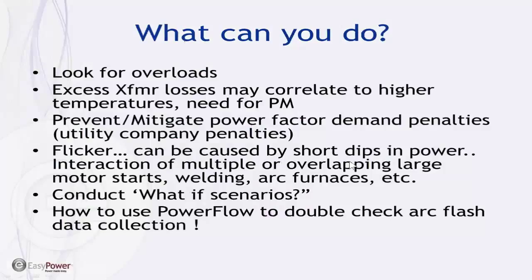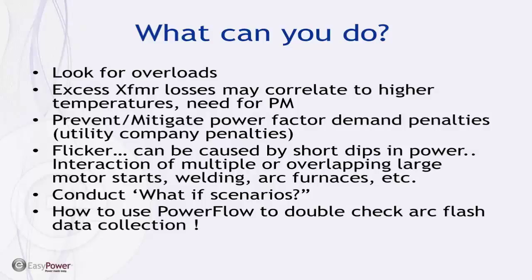So what we can do with the tools is look for overloads. We can isolate transformer losses and potentially correlate them to higher temperatures that we can measure. Also, the ability to correlate preventive maintenance if the measurements we take aren't matching the model's results.